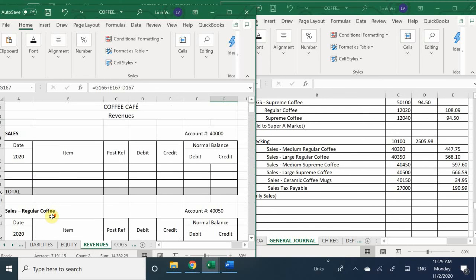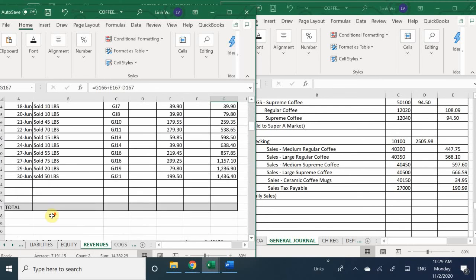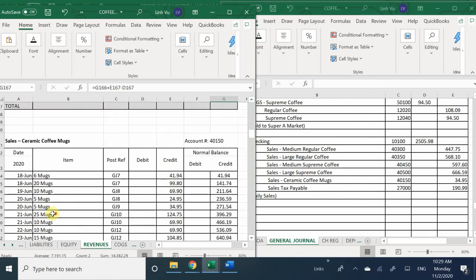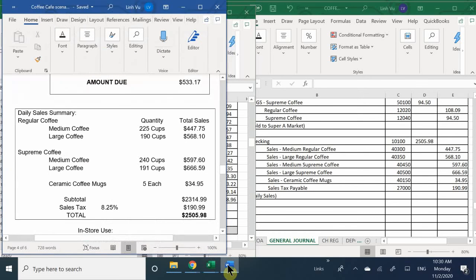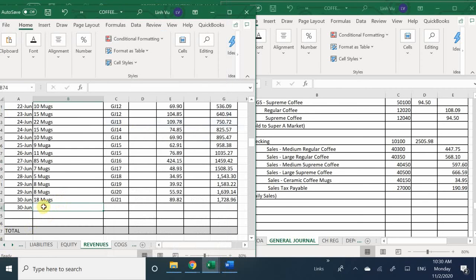Ceramic coffee mugs. Here, we sold five each for 34.95. Okay, so we sold 5 mugs.